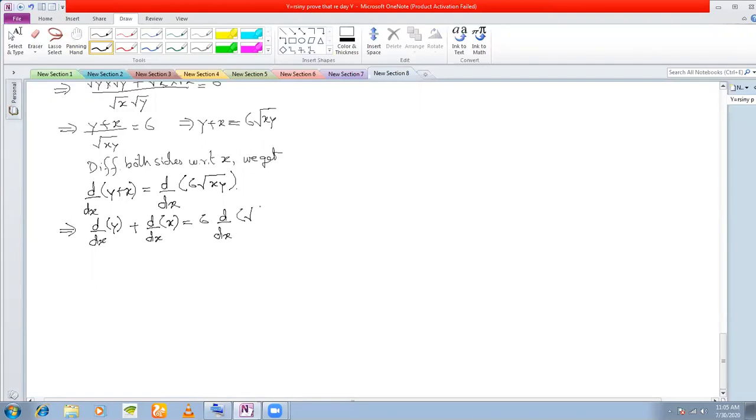And I separate here also root x into root y because I'm going to use the u into v rule.